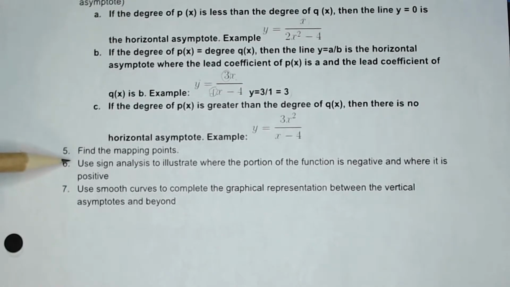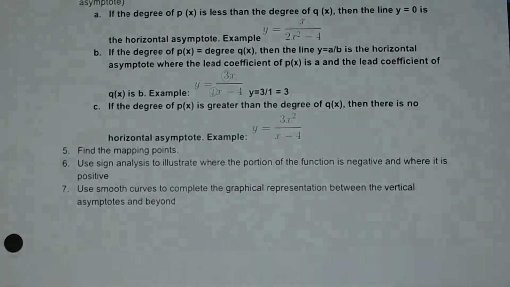You need to understand the end behavior. Go back to the first lesson of Unit 4 that showed the different types of graphs and their general shapes. Once you know that, you can see is the polynomial positive or negative, and that will determine your end behavior. And then once you have a few points on your graph, you can just use smooth curves to complete it.